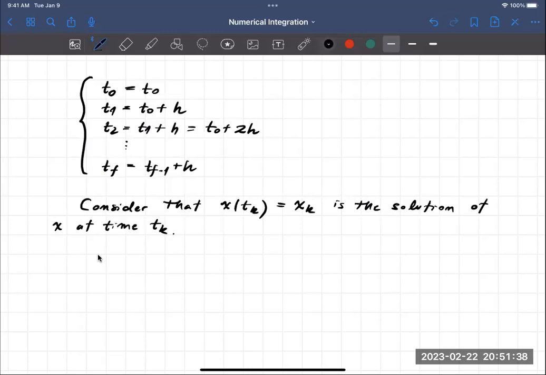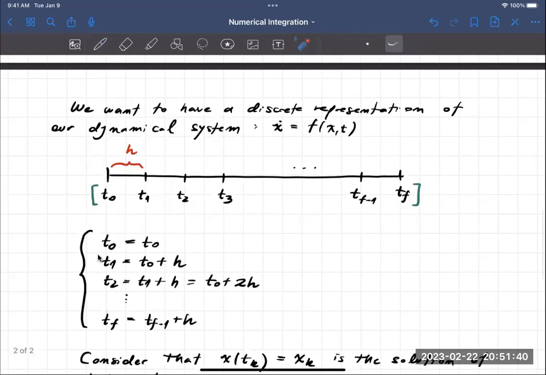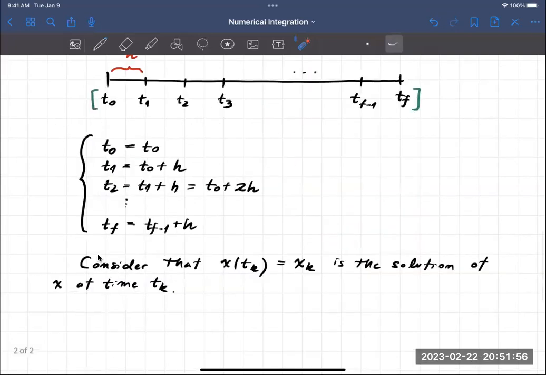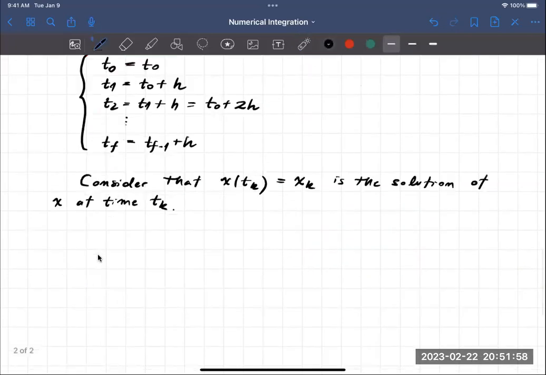So for this discrete model, this is the continuous model. Since we have a discrete time representation now, at some point tk, we're going to have some solution x of tk. That's what we're saying.